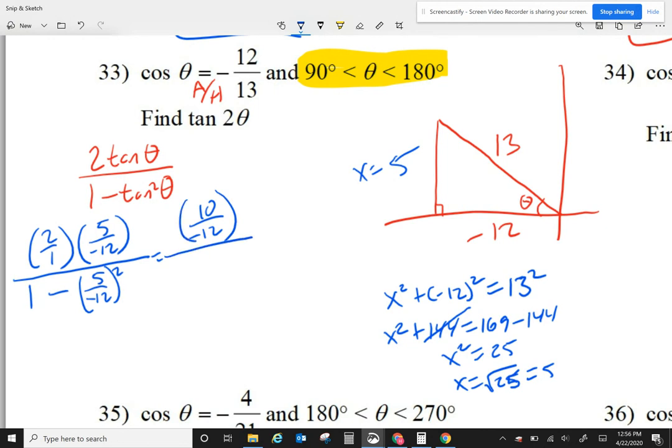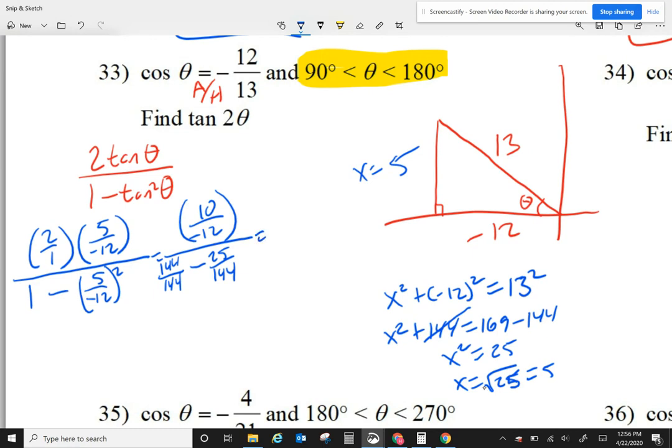I know we can simplify, but let me just leave it at that for right now. At the bottom, I have 1 minus 25 over 144. The 1 before the minus, I wanted to write it as a fraction. I'm going to write this as 144 over 144.